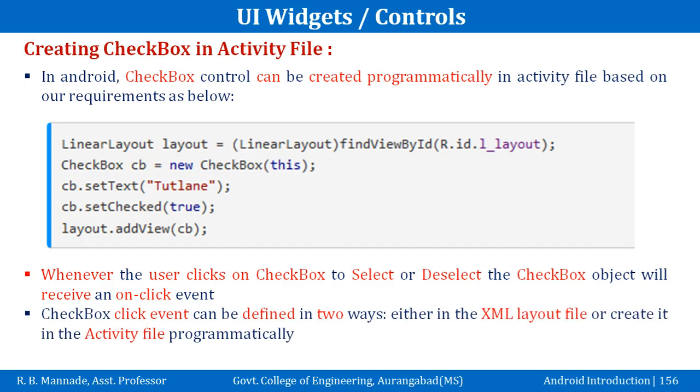And this checkbox on-click event can be defined in two ways, as explained earlier for other controls as well. It means the click event for the checkbox can be defined either in the XML layout file, or it can be created programmatically in the hosting activity file.